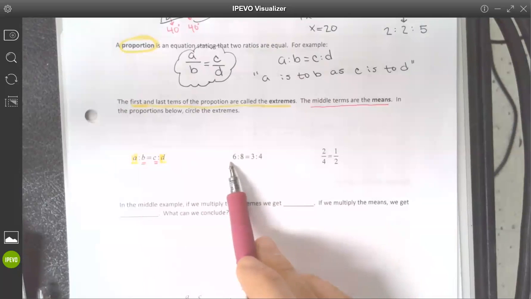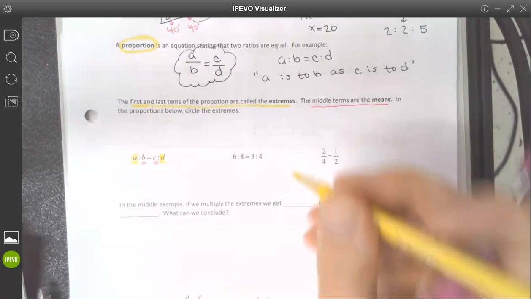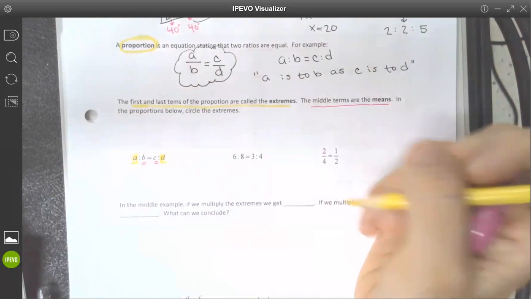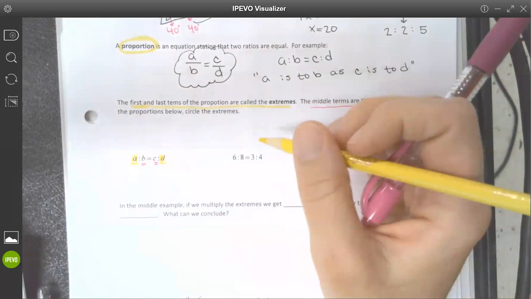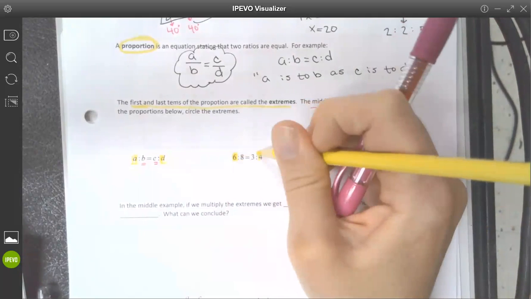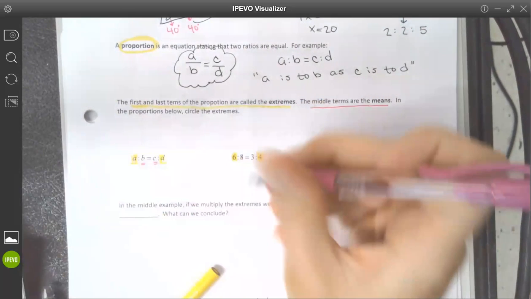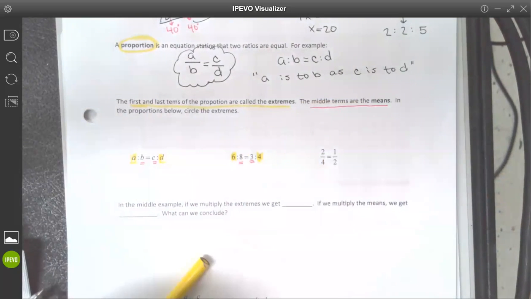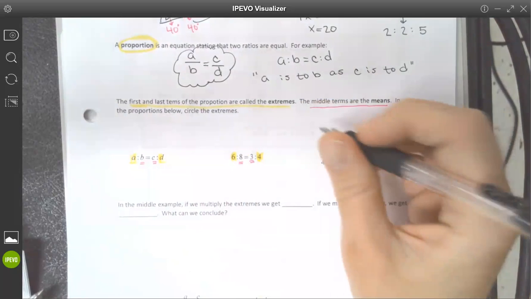So then on the next example, my extremes would be 6 and 4. And my means are my inner numbers, 8 and 3. Now, when it looks like a fraction equal to a fraction, let's rewrite that the other way around.